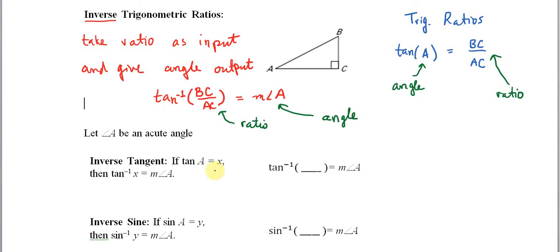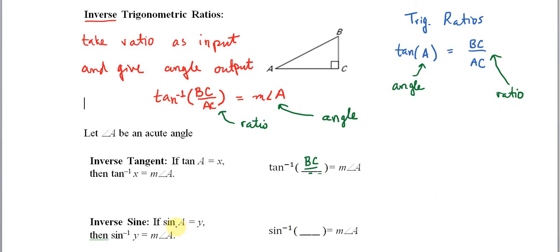So let us look at this example here, and then let's work through some of these cases. If the tangent of A is equal to x, then the tangent inverse of x is equal to the measure of angle A. So using this picture here, I've already written up here for you that the tangent inverse of BC over AC is equal to the measure of angle A. And we can apply that exact same logic to the sine and cosine ratios as well.